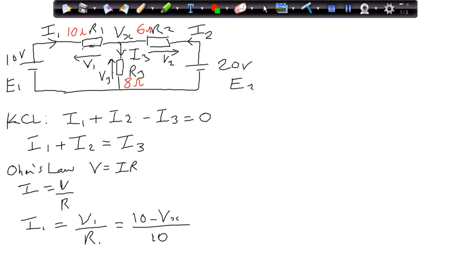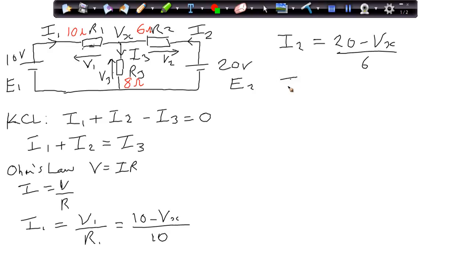In the same way, we can do the same for I2. So I2 would be, well, we've got 20 volts here. We've got Vx volts there, so current's going this way, so we're saying 20 minus Vx divided by 6 must equal I2. So I'll go straight to that and say 20 minus Vx divided by 6 is the current I2.